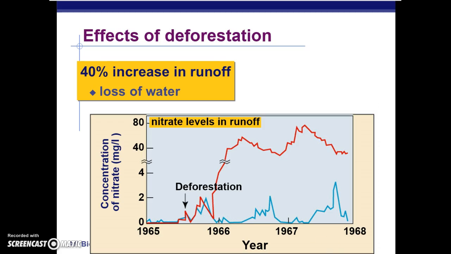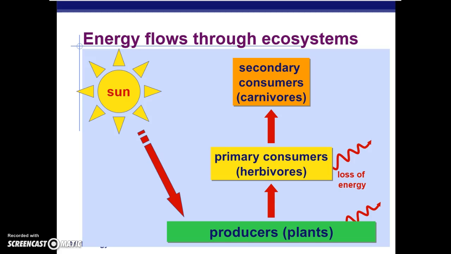So again, we then have this stepping stone effect or a domino effect of the different geochemical cycles being affected. So we've looked at how nutrients cycle through the ecosystems, and now we're going to spend a little bit of time on how energy flows through those same ecosystems. This should be a review from earlier biology, so we'll move more quickly through this. But we have these different levels, trophic levels of energy flow.